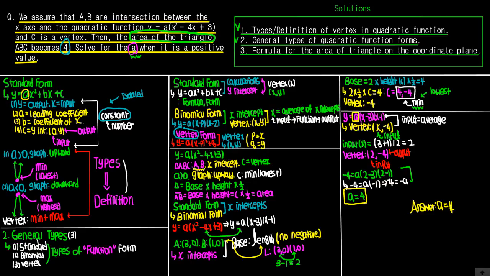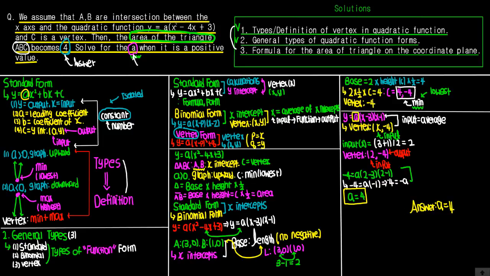So if you review what we did here, firstly, we talked about our 3 solutions to solve the question, since we were trying to solve for the leading coefficient a, when the area of triangle ABC, formed by points A, B, and C, becomes 4. Firstly, we talked about the types and definition of vertex and quadratic function. Secondly, we talked about the 3 general types, standard, binomial and vertex form, and what each is optimized for.